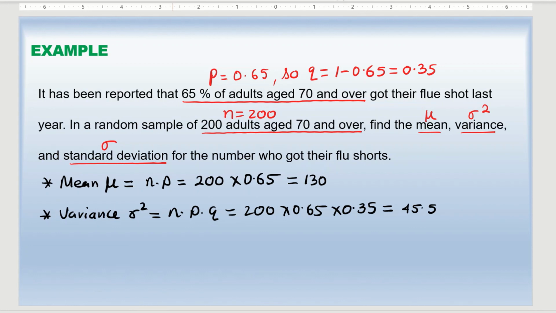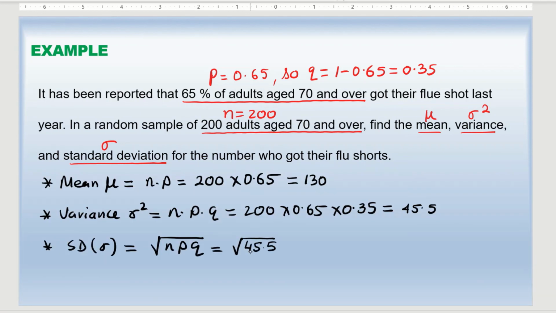So your standard deviation sigma is the square root of the variance, the square root of n times p times q. But we have the value of n times p times q as 45.5. That is our variance.